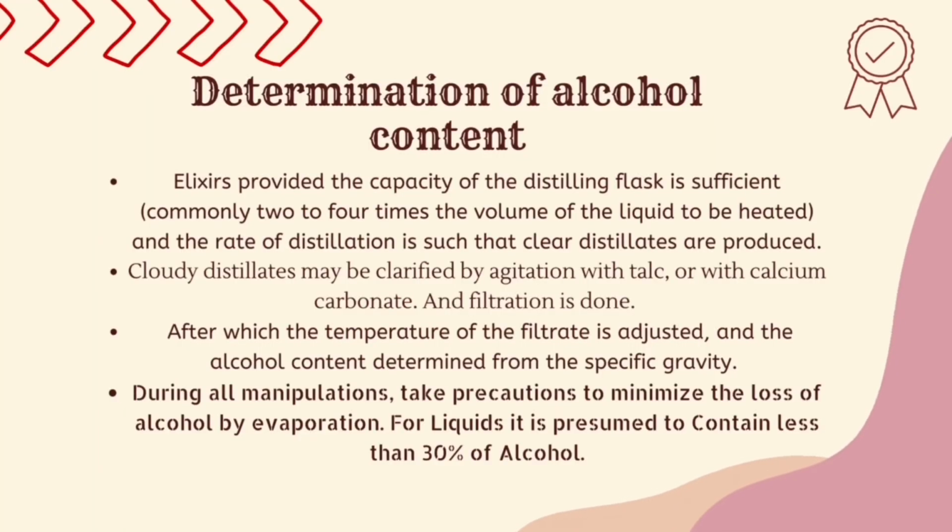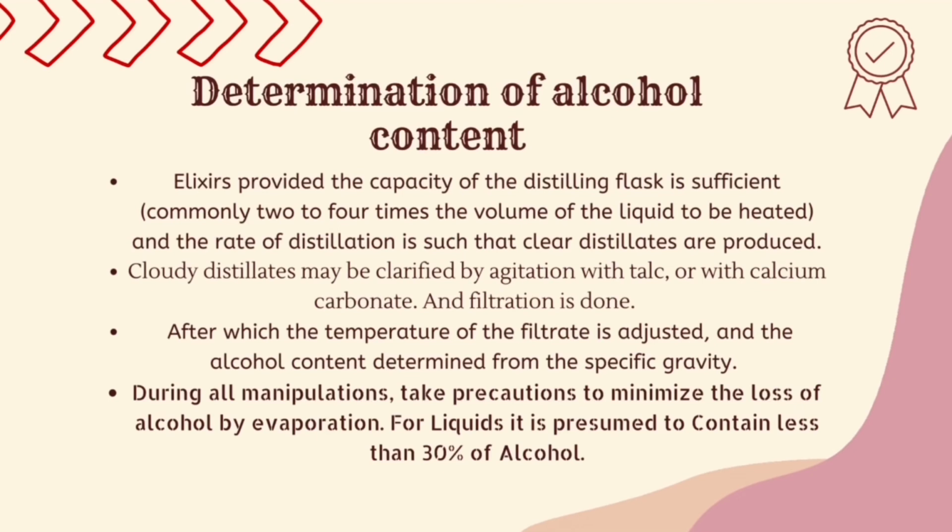Determination of alcohol content. For elixirs, provide a distilling flask of sufficient capacity, commonly 2 to 4 times the volume of liquid to be heated, and the rate of distillation is such that clear distillates are produced.